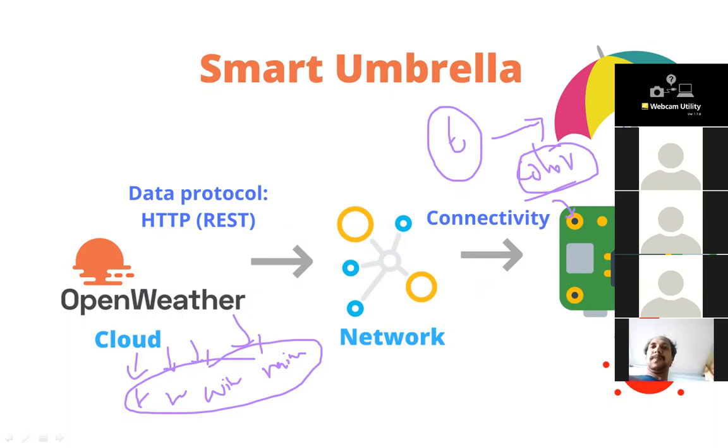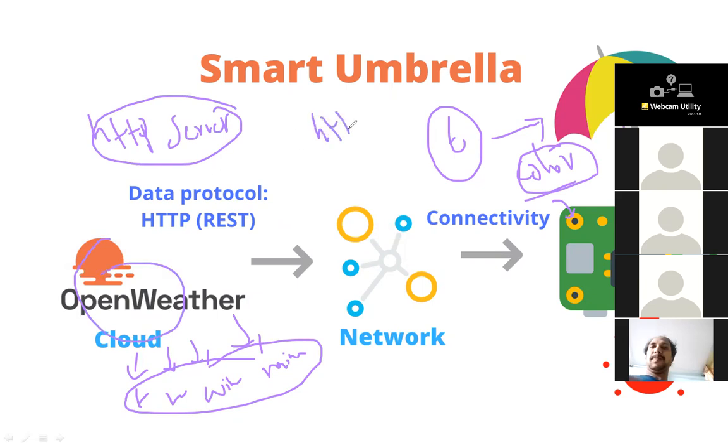So assume there are HTTP clients like browsers. What they do is they make requests and they get the response. Generally, assume that this is an HTTP server, and you have an HTTP client. Now data is present in this server.